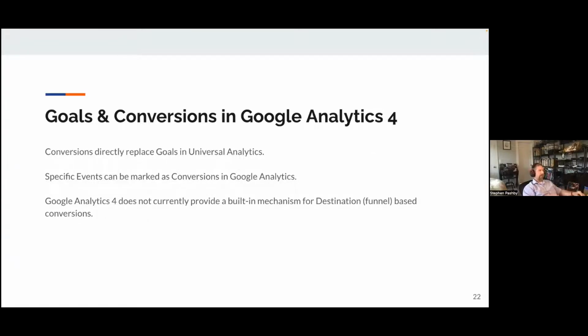Basically, conversions directly replace goals. There are no goals per se, they're just conversions. Any event, including built-in events, can be marked as conversions. But Google Analytics 4 doesn't include any built-in mechanism for destination or funnel-based conversions.